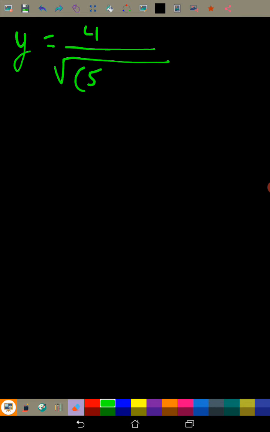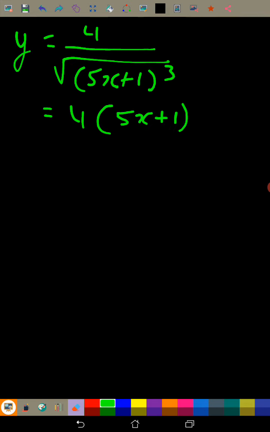And just for fun, we have y is equal to 4 divided by the square root of (5x plus 1) to the power of 3. So of course we should rewrite this, and by writing this we will have something like this, and now the derivative is going to be easier.